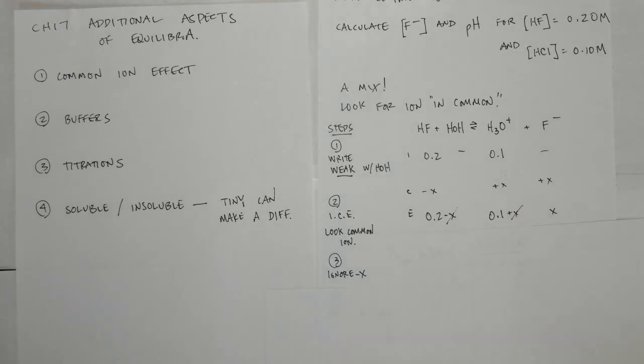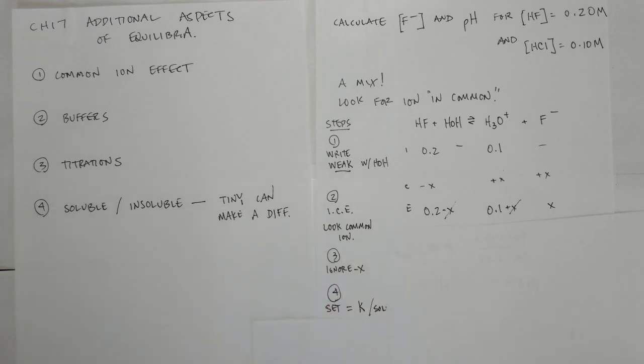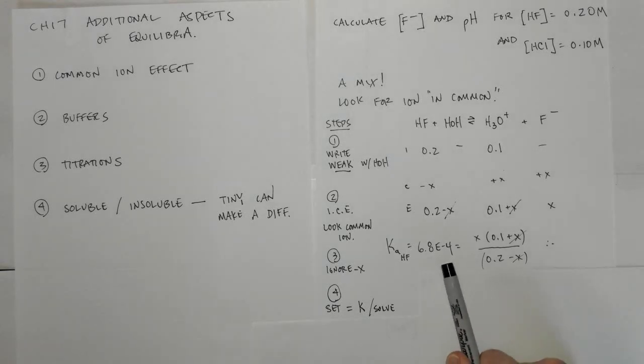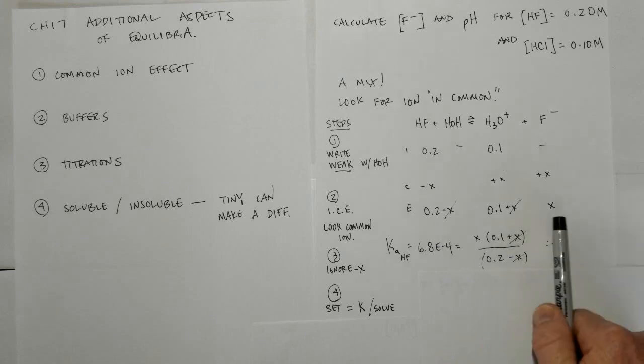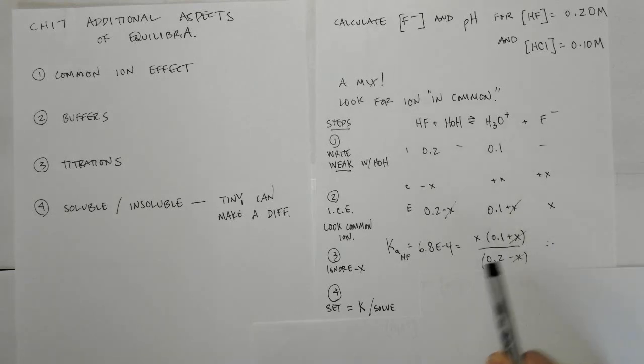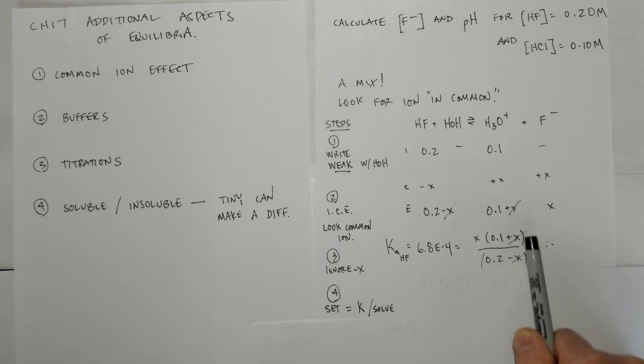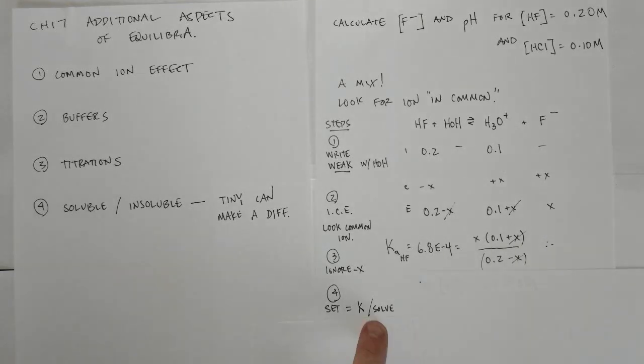And now you can write the K expression and set the K expression equal to the Ka of HF, and I'm going to look it up in appendix D, and I can set that Ka, 6.8 times 10 to the negative 4th, equal to the products divided by the reactants, and once again ignore the X, ignore the X. And now I can solve this equation.